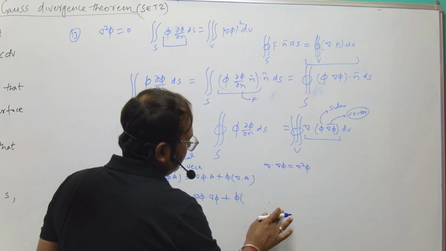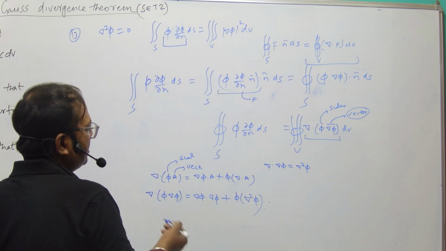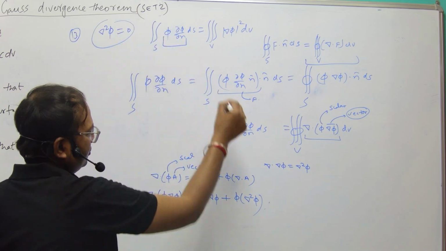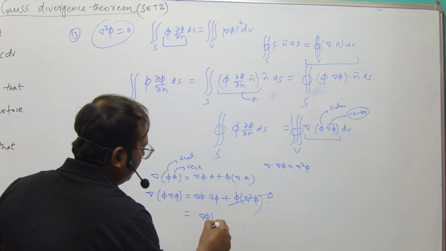We can write del dot del phi as del square phi, so the second term is phi times del square phi. Since phi is harmonic in V, del square phi is equal to 0, so this expression is 0. So the divergence of phi del phi is equal to del phi mod whole square.